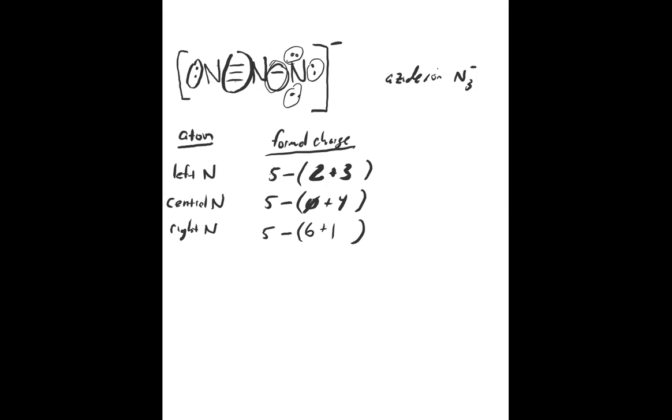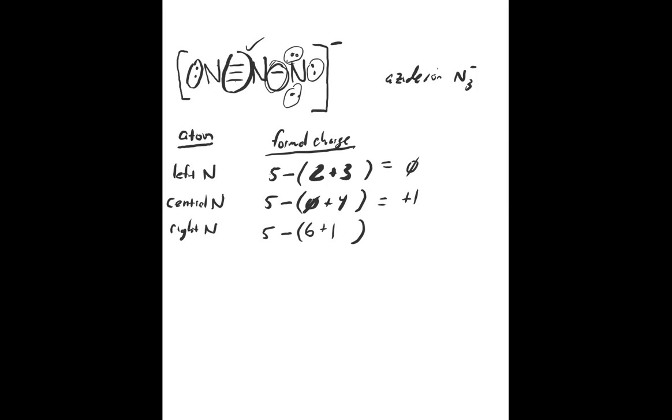So let's go through the calculation. In the one on the left, 2 plus 3 is 5. So 5 minus 5 is 0. On the central nitrogen, 0 plus 4 is 4. So 5 minus 4 is plus 1. Now be careful. When you write formal charges, unlike electrical charges like in an ion, you put the sign and then the number. So don't put 1 plus, put plus 1.